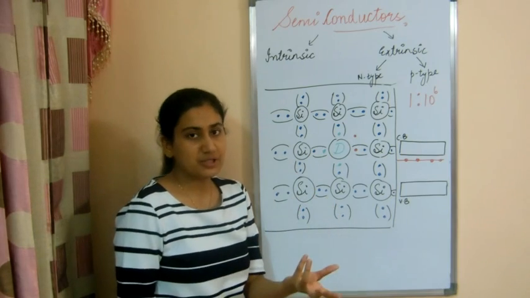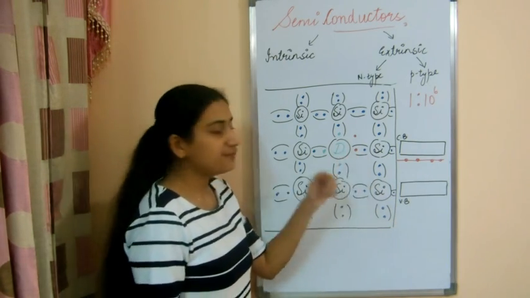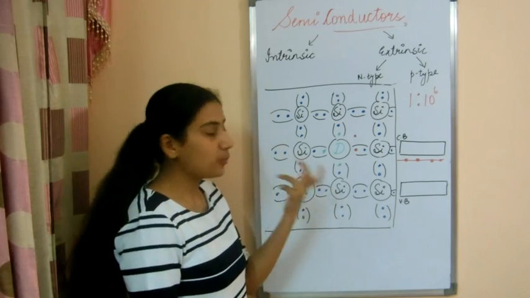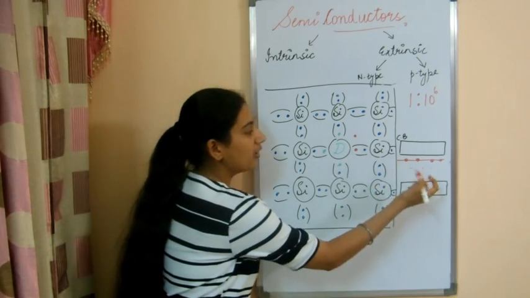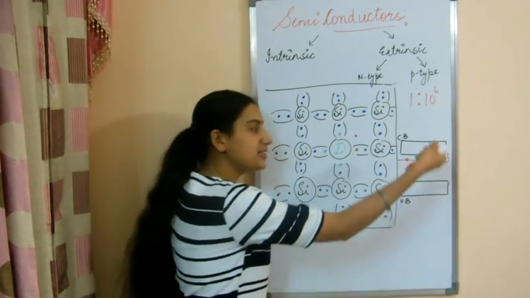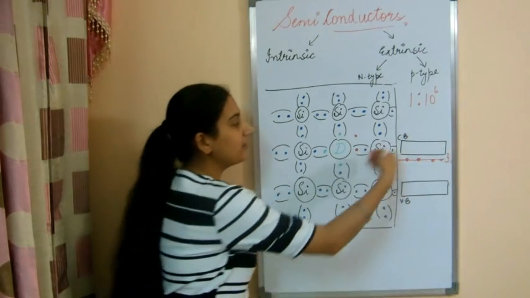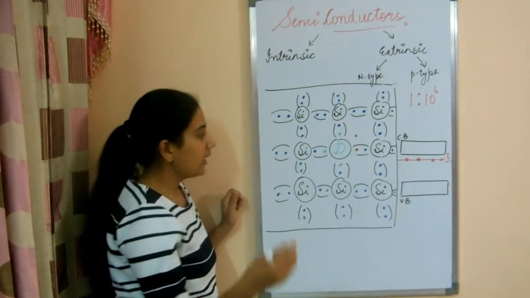Now at absolute zero temperature, no movement is there. But what happens at room temperature? When we increase the temperature, these electrons have a very small energy gap, so they will suddenly jump to the conduction band and become free electrons and contribute toward the current.